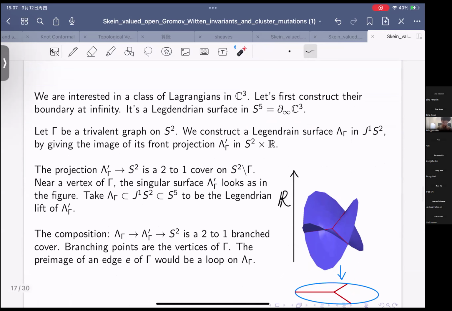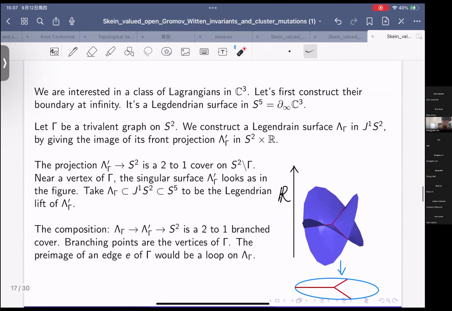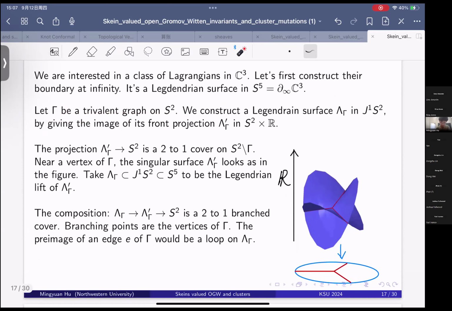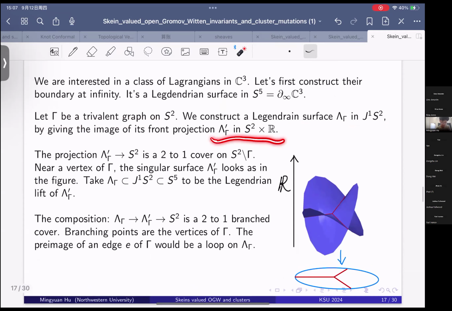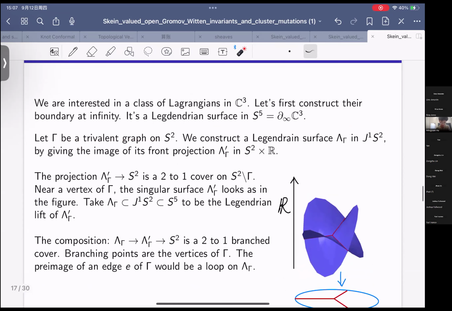So how do we construct them? First, we start with a trivalent graph on S2, and we want to construct a Lagrangian surface inside the first jet bundle of S2. So the idea is to first construct the front projection inside S2 times R.